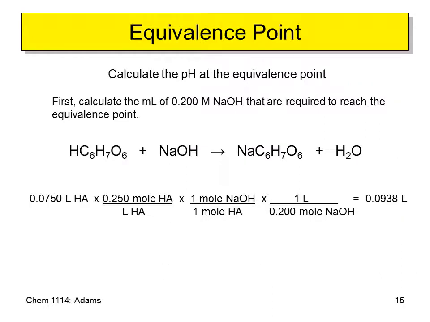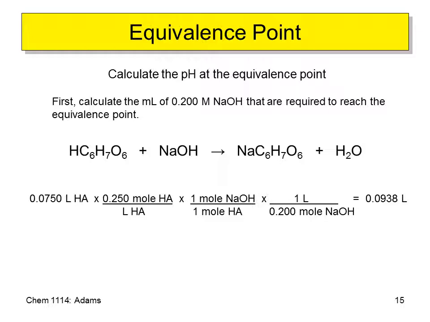The first thing we're going to do, this is 1C, is calculate the pH at the equivalence point. We're going to first calculate how much sodium hydroxide we needed to get to the equivalence point. Well, we're going to start with the volume and the molarity, the two pieces of information we know about the acid.